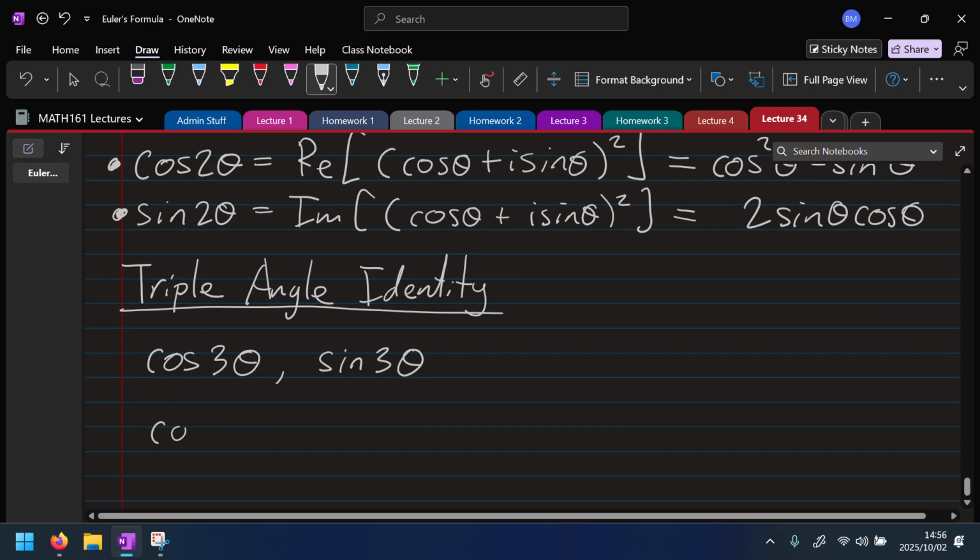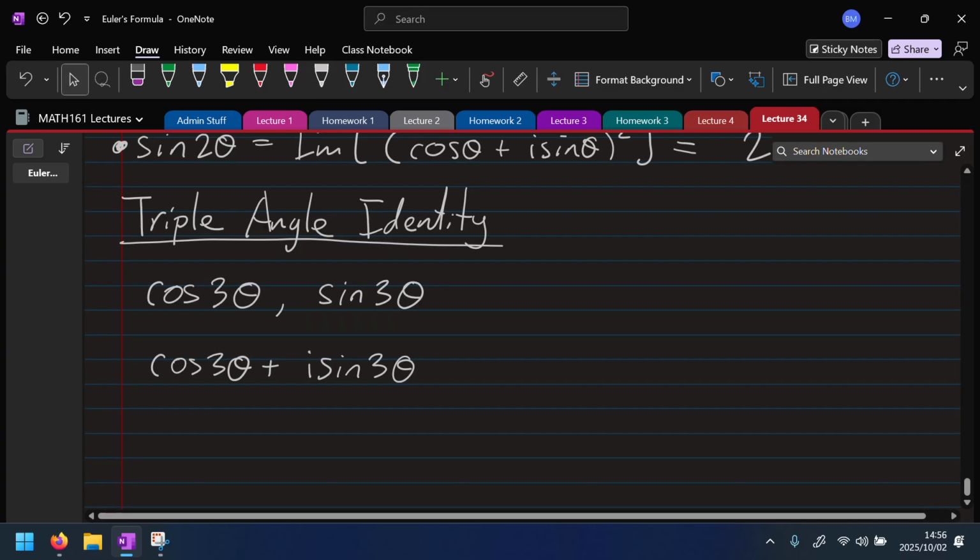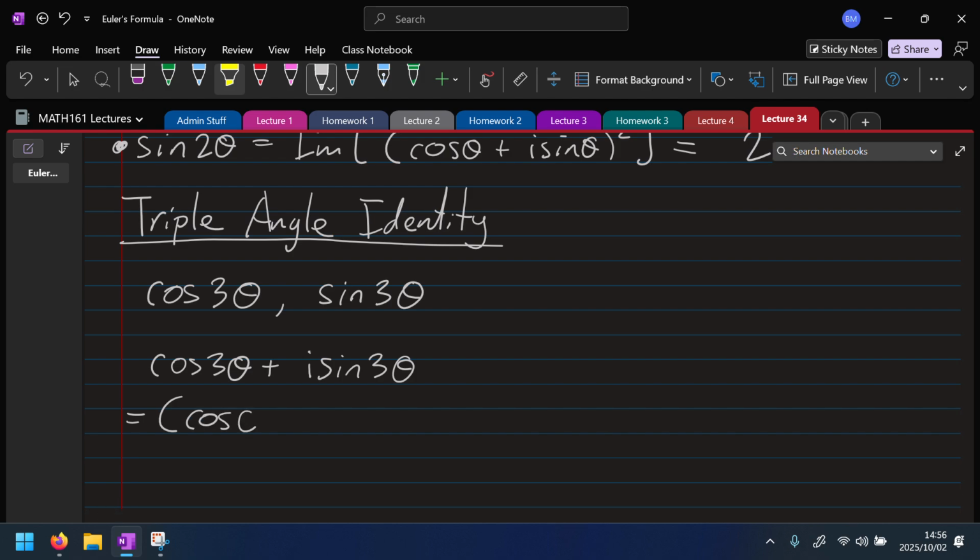We write this as cos 3 theta plus i sine 3 theta. Using de Moivre's theorem, the 3 we can write as the exponent. So this will be (cos theta plus i sine theta) cubed. Now we need to expand this out the long way.